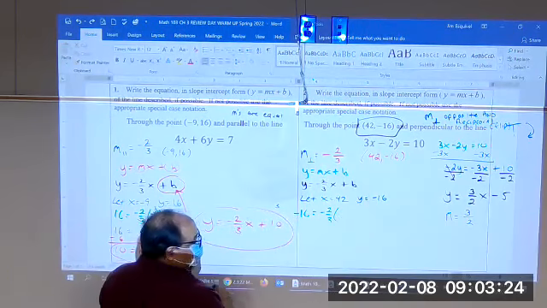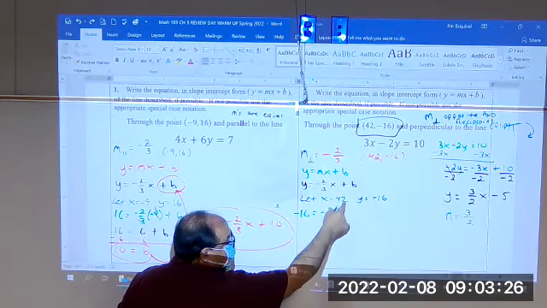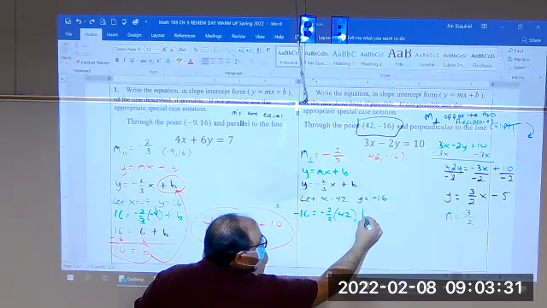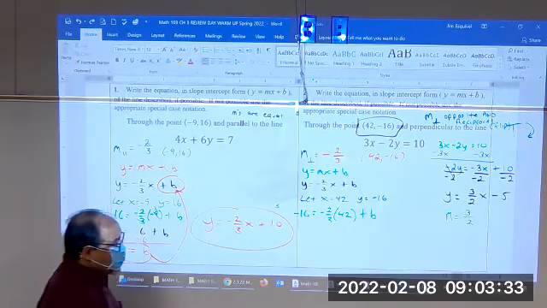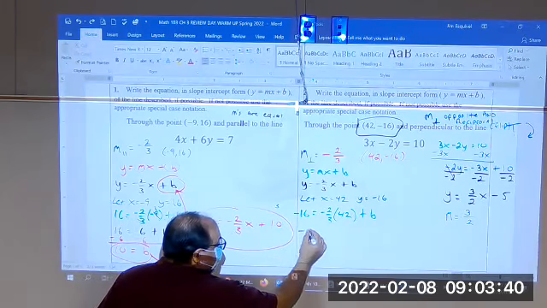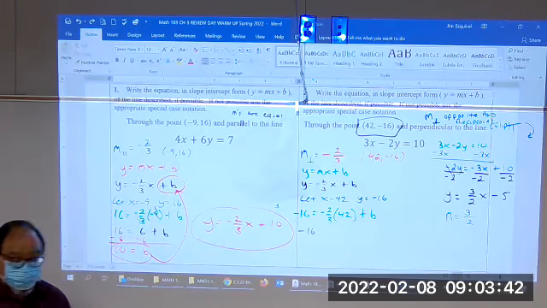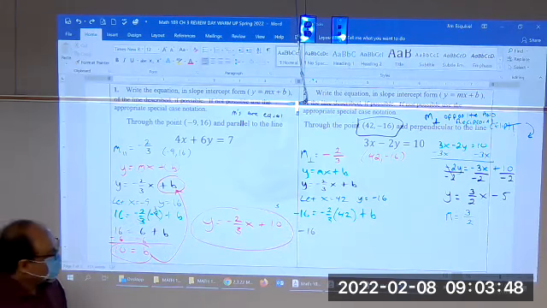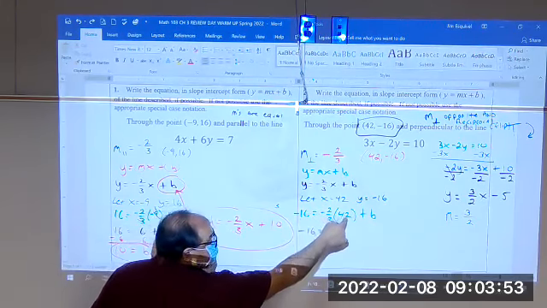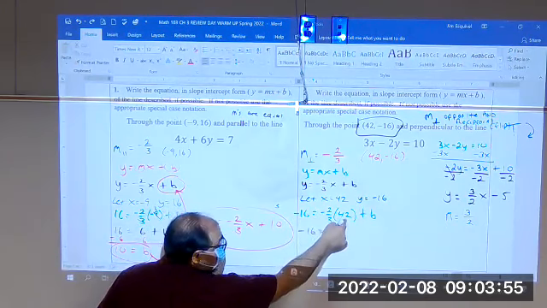Lost my negative. Negative 2/3 times x, which is positive 42, and then plus b. By the way, thank you for saying something as soon as you see the mistake and not waiting until I get a wrong one. Equals a negative times a positive. Get your sign right. Negative times a positive will be a negative.